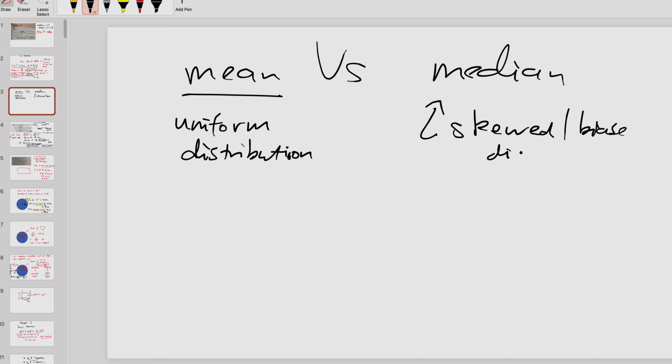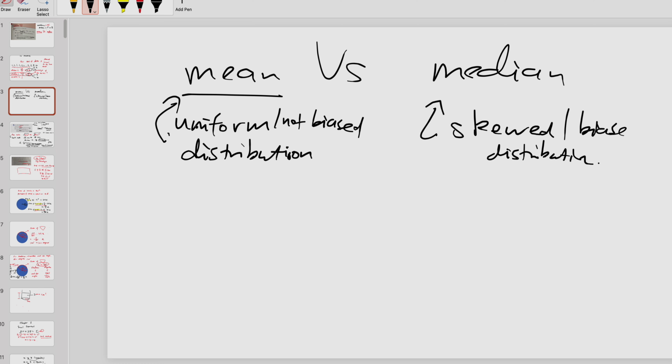So this is called skewed and biased distribution. So this is the conclusion.